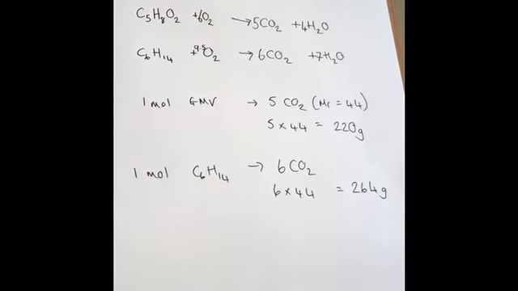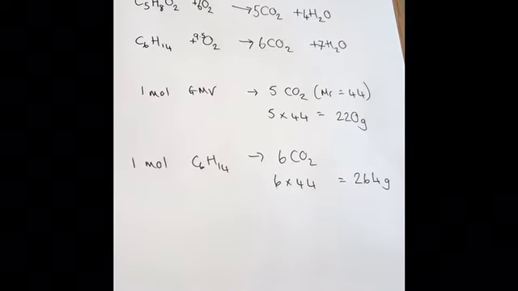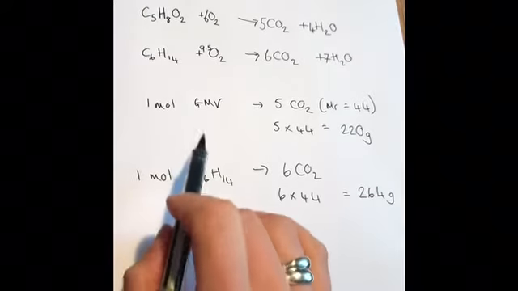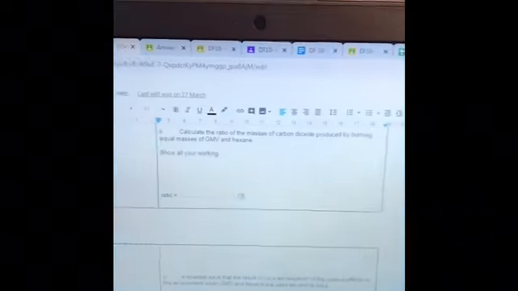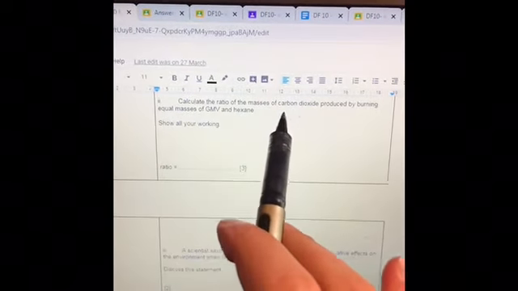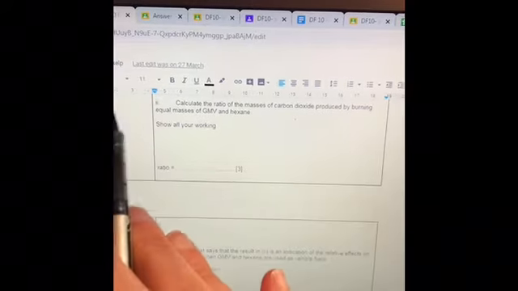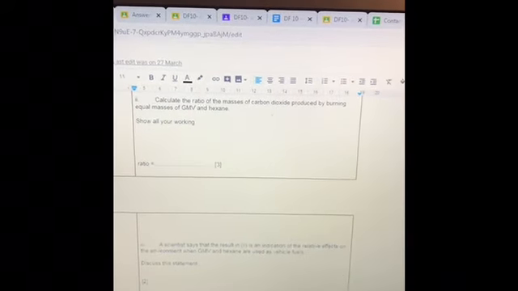So the next thing you've got to do is work out, not for moles of the two fuels, but for the masses, because the question says, if I just go back to the question here, calculate the ratio of the masses of carbon dioxide produced by burning equal masses of GMV and hexane. So we're showing all our working as well.